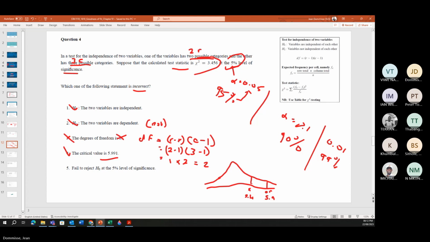So if that critical value is bigger than your t-stat, so let's write that again. If your critical value is bigger than your t-stat, then we fail to reject.